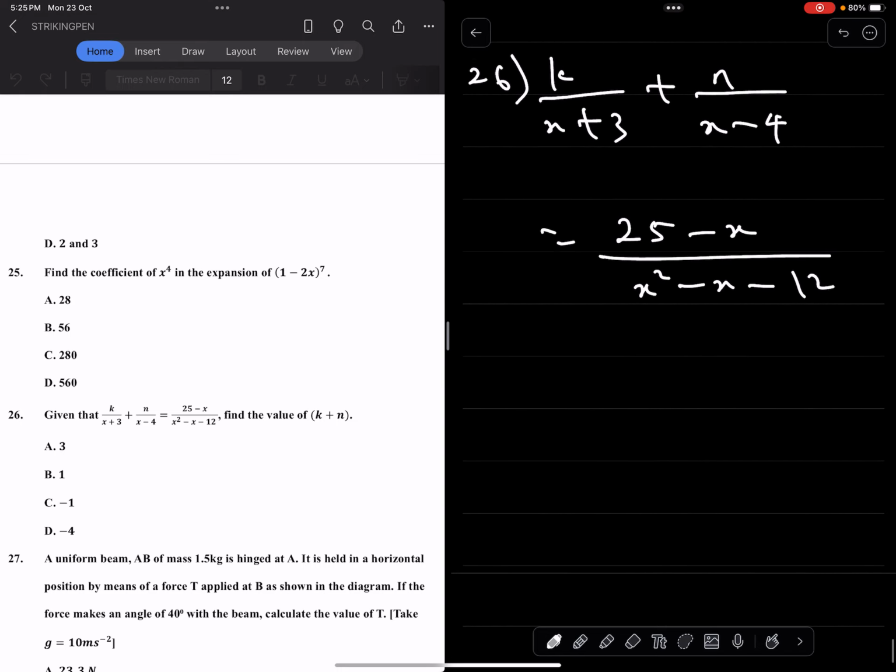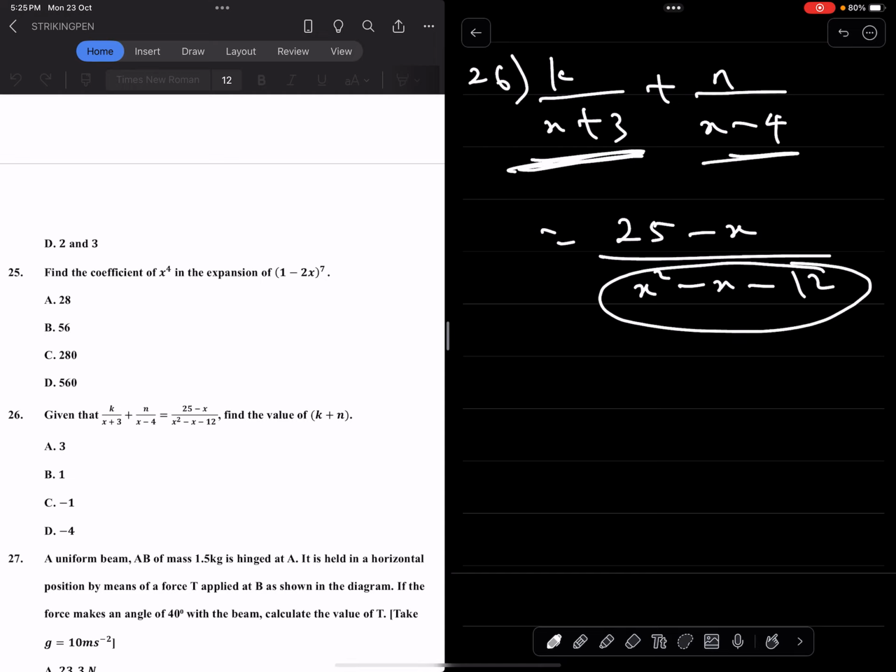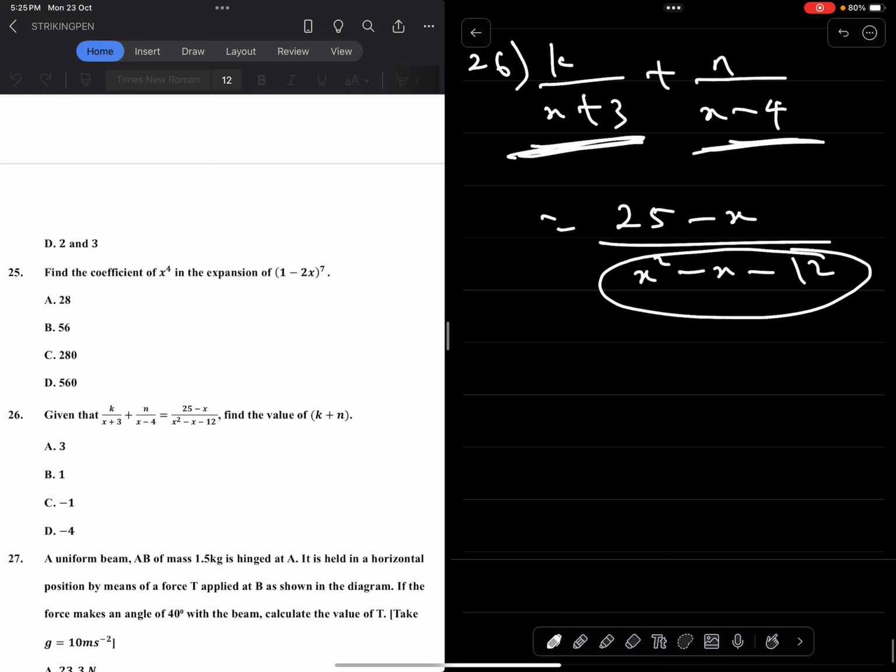Okay, what this simply means is this denominator x squared minus x minus 12 is the same as the product of x plus 3 and x minus 4. So how do we find k and n?